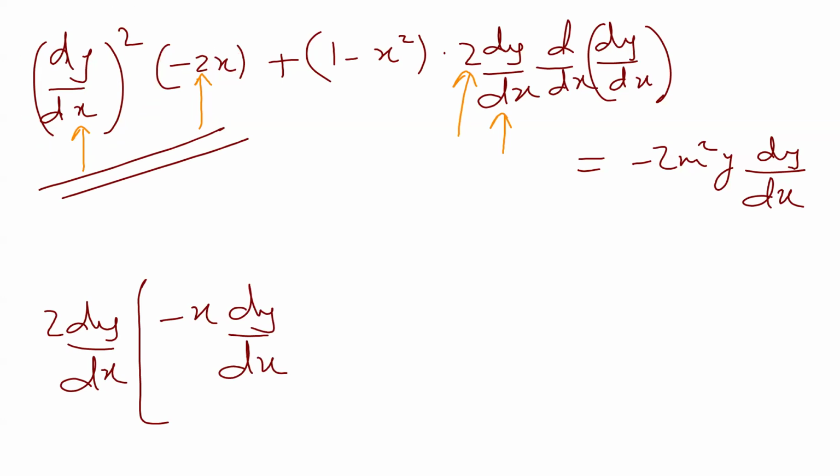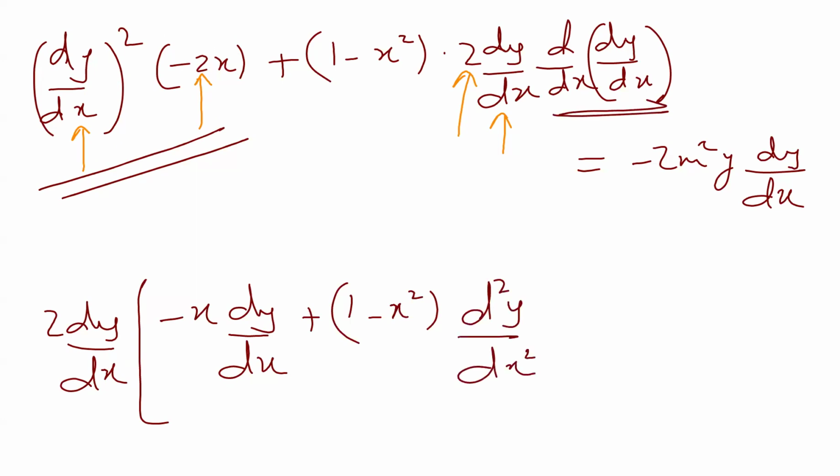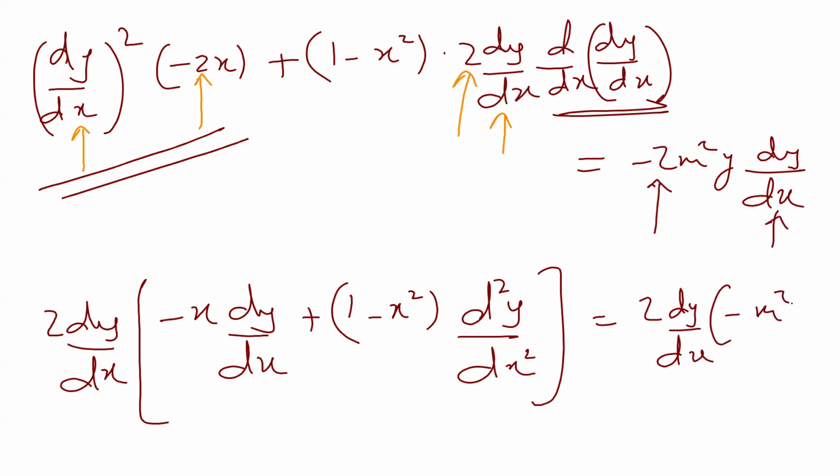One has gone outside. Plus 1 minus x square. Okay, d by dx of dy by dx is d square y by dx square. The right hand side also, I'll write in this way: 2 dy by dx into minus m square y. Right, so 2 dy by dx is getting cancelled on both the sides.